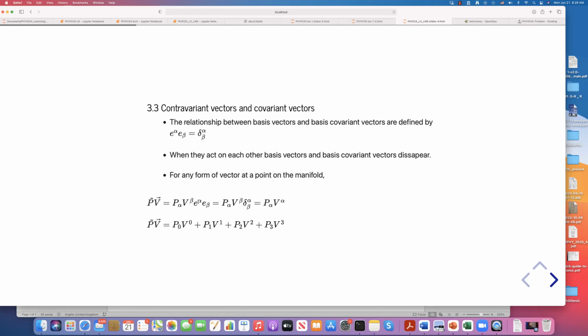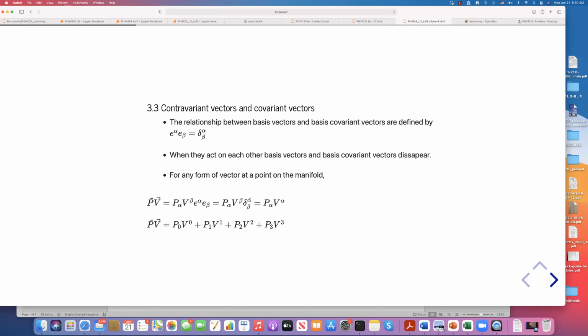These two, E alpha and E beta, you can replace from this expression right here, delta alpha beta. So that's what I have done here. I have delta alpha beta, which is a replacement for this product of a basis vector and a basis covariant vector.